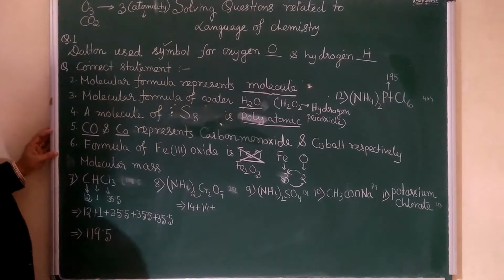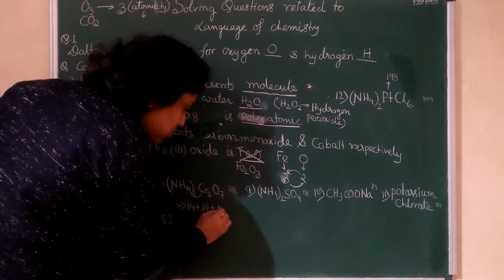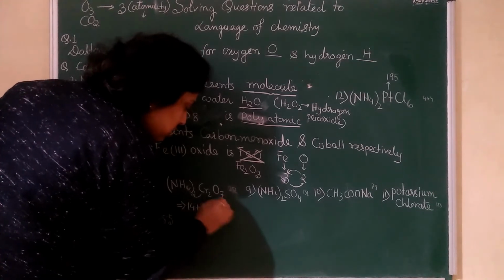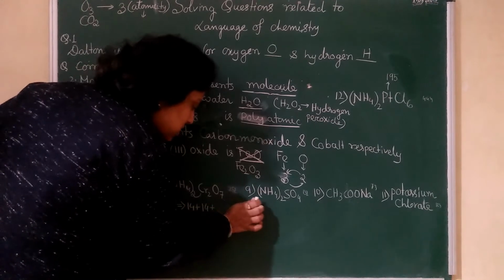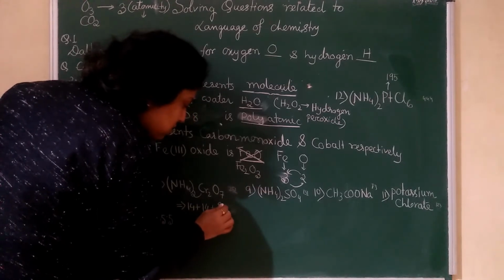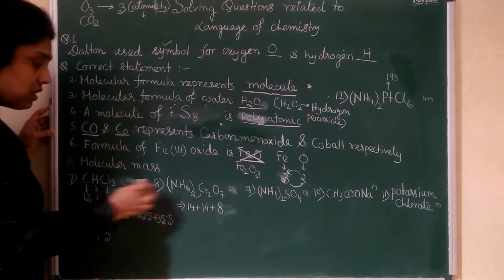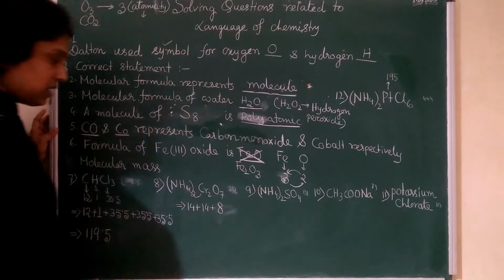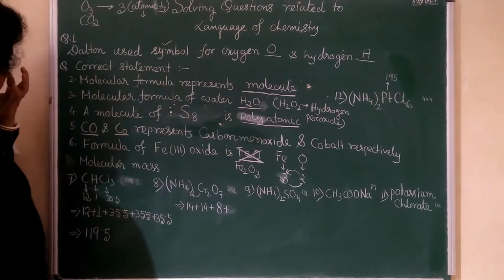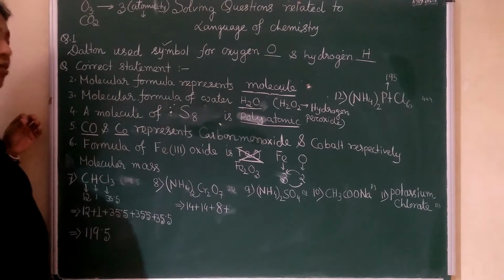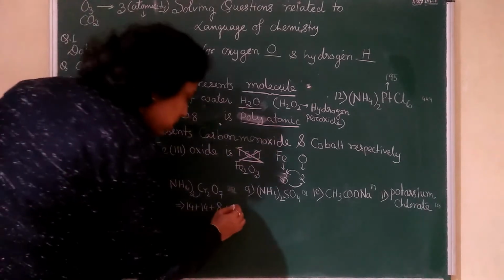So it is lengthy. You can write 1 into 8, or directly you can write, those who are very good in mathematics, directly you can do it, it is 8. 1 hydrogen is 1, then 8 hydrogen will be 8. Then plus chromium is 51.99, so write 52.